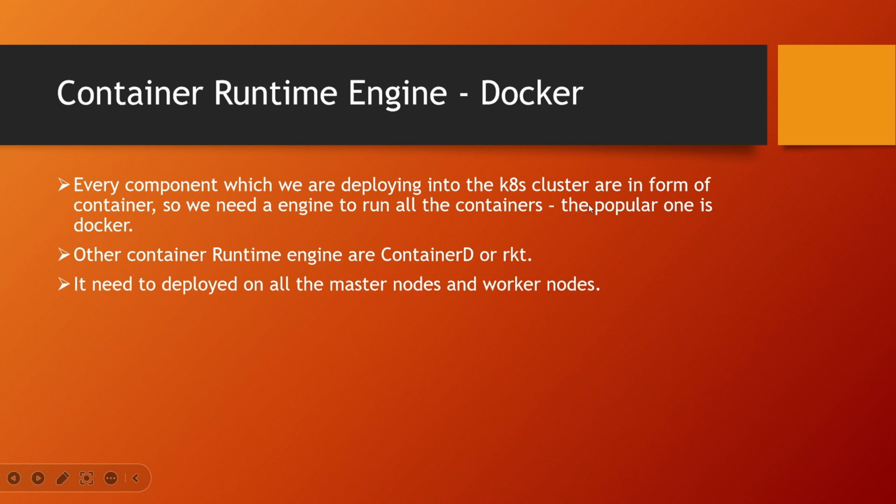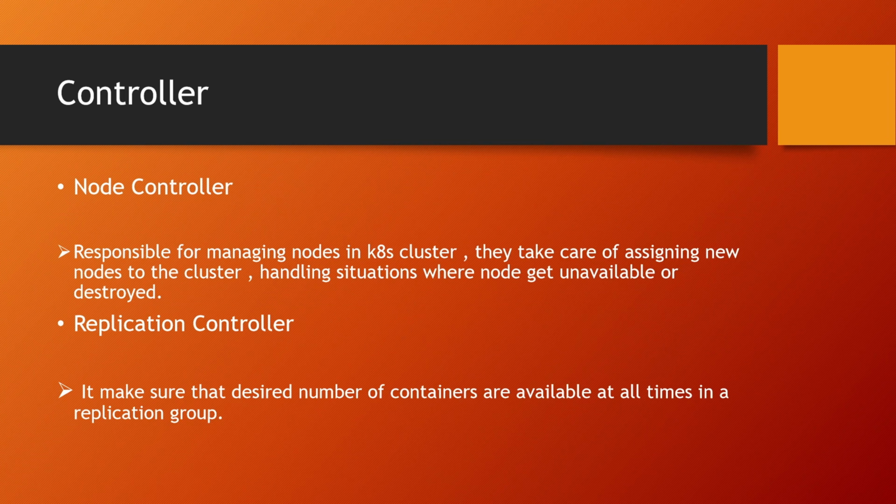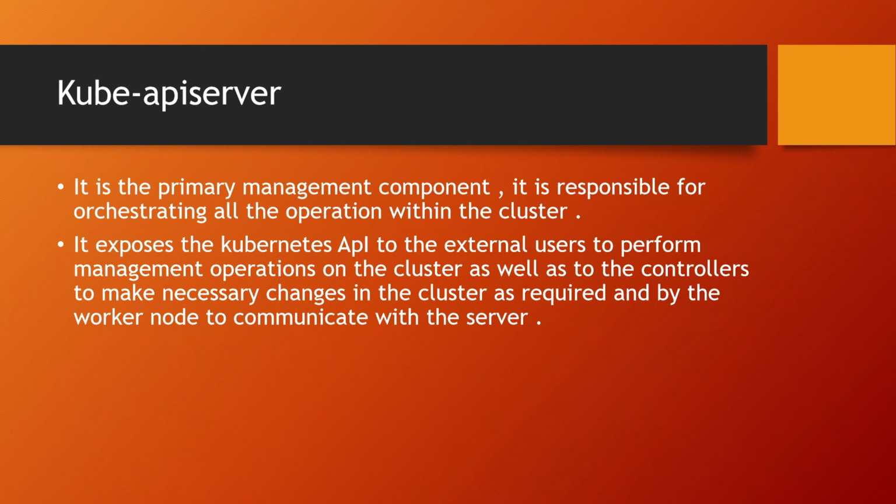Every component which we are deploying into the Kubernetes cluster is in the form of a container, so you need an engine to run all the containers. The popular one is Docker. Other container runtime engines are containerd or Rocket. It needs to be deployed on all the master nodes and worker nodes, because the control plane components we talked about just now are all deployed on the master nodes in the form of containers. So you need the container runtime engine on the master node as well.